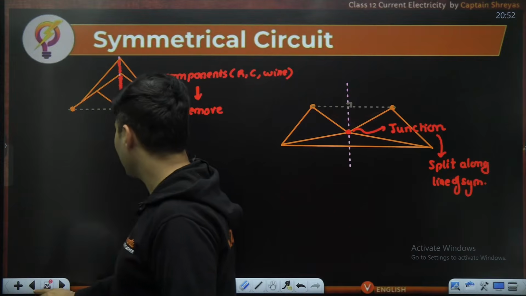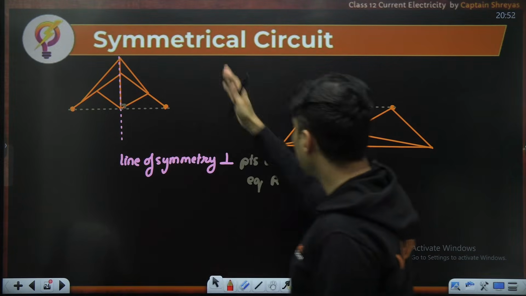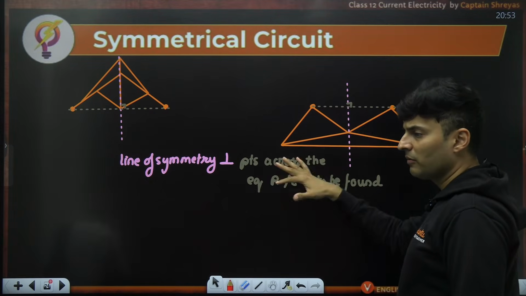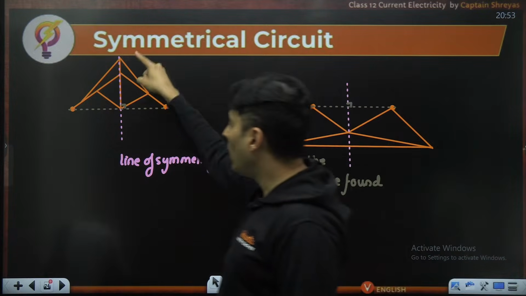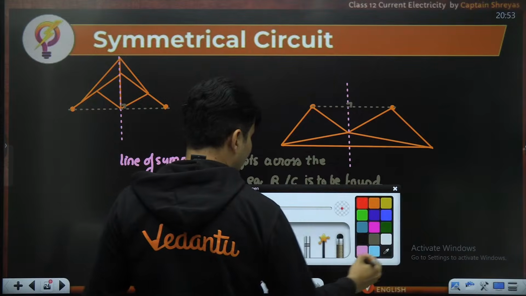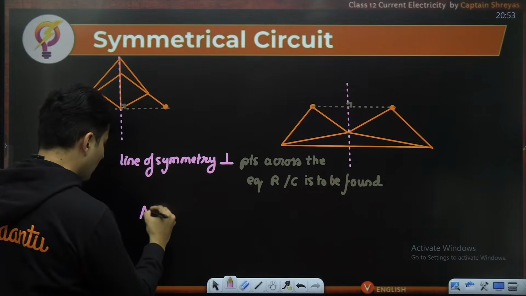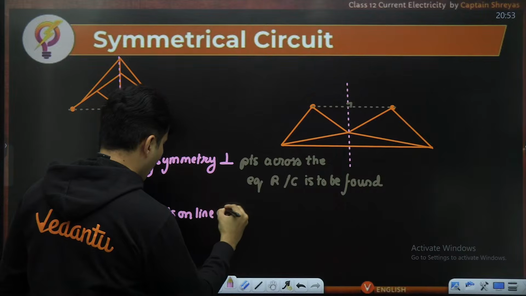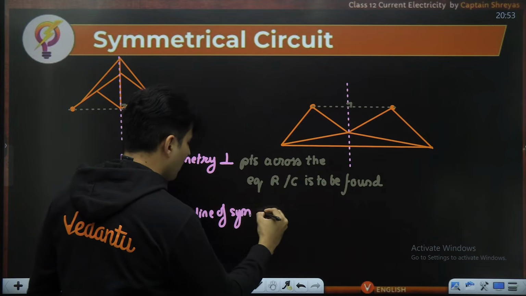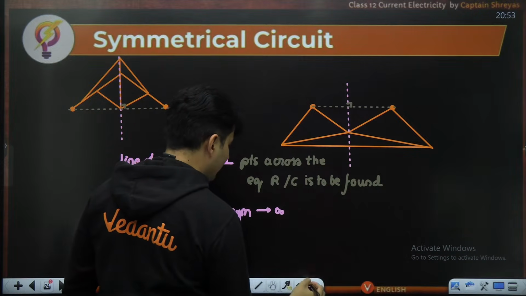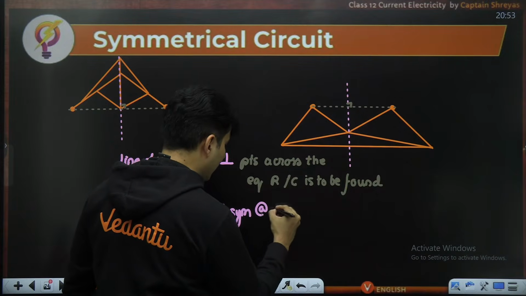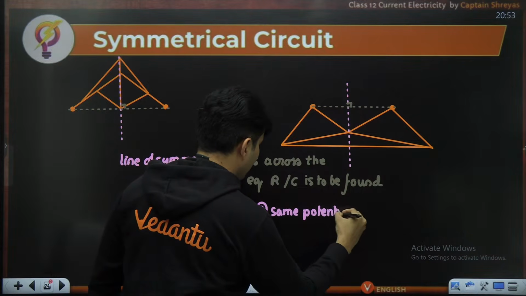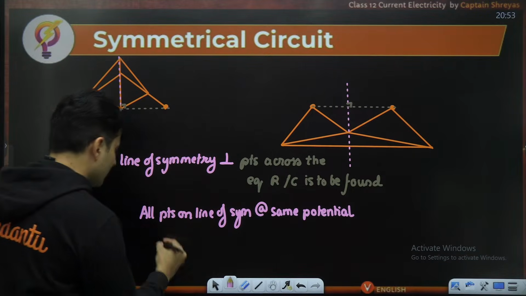Now, why this happens is that the line of symmetry is equidistant from the left or right, the positive or negative terminal, so all the points on the line of symmetry are at the same potential. And whenever the potentials are the same, just think about it.